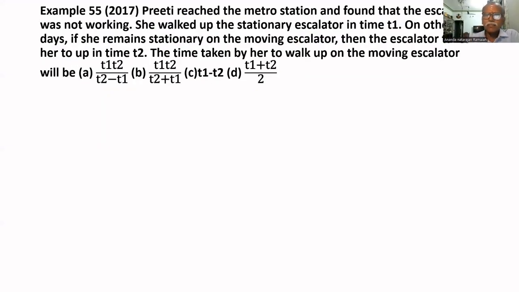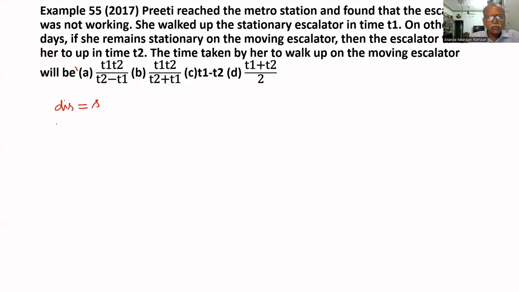Preeti reached the metro station and found that the escalator was not working. She walked up the stationary escalator in time t1. Let us assume the distance covered equals s.